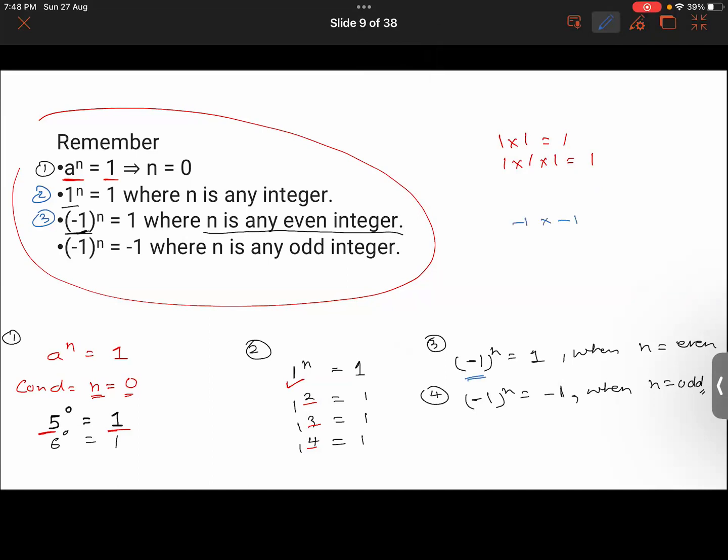If I multiply it 3 times, it becomes minus 1. So if you multiply it an even number of times, 2, 4 or 6 times, you get a positive value of 1. If you multiply it 3, 5 or 7 times, you get a negative value. Hope the basics are clear.